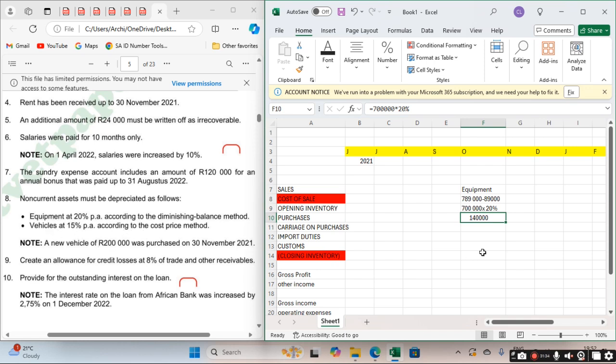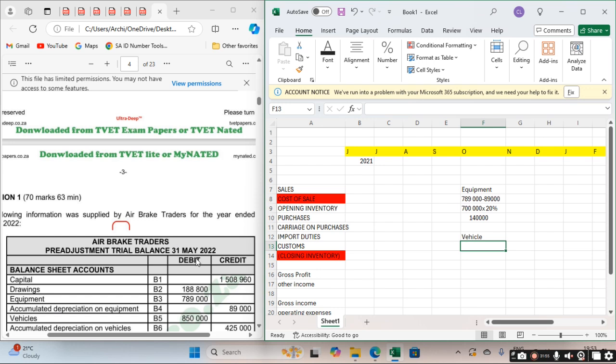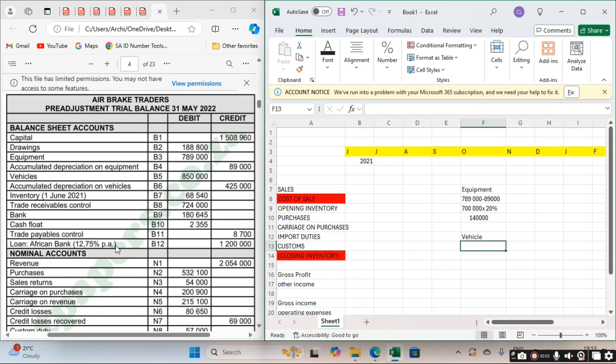Vehicle, we're going to calculate differently because we did purchase a vehicle during the course of the period. They're saying a vehicle of 200 was purchased on 30 November 2021. Our trial balance is for 31st May 2022, meaning at the end of the financial period, and it was pre-adjusted.